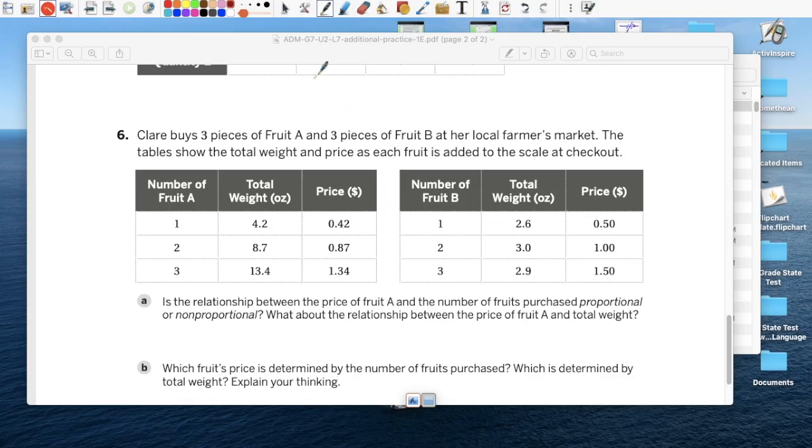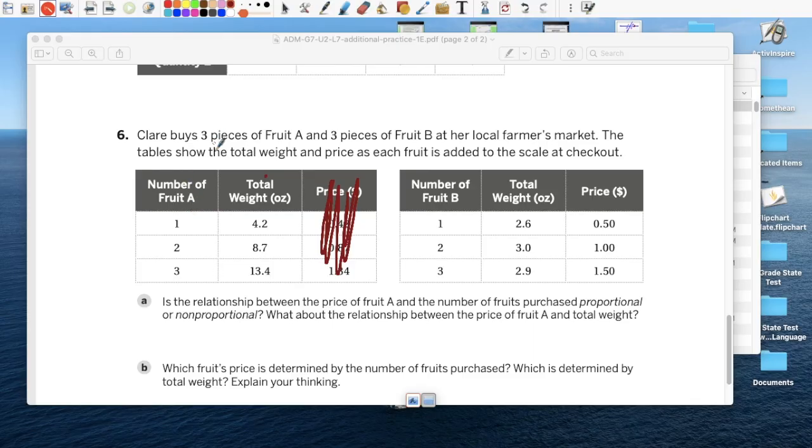Is the relationship between the price of fruit A and the number of fruits purchased proportional? We're going to ignore this for question A. We're looking at this. It says, is there a proportional relationship between the number of fruits and the total weight?